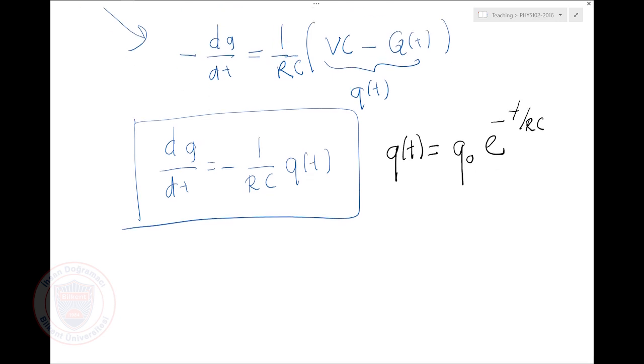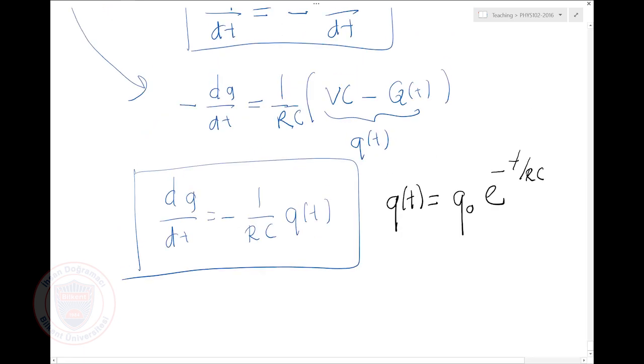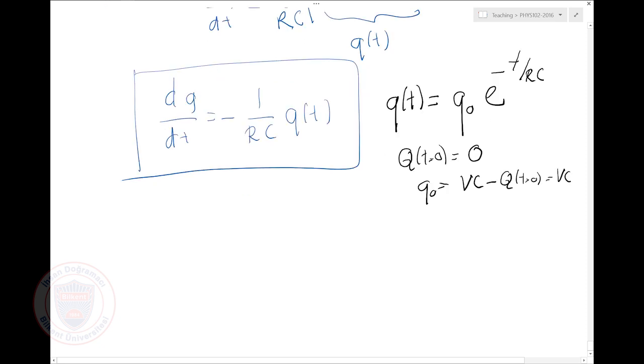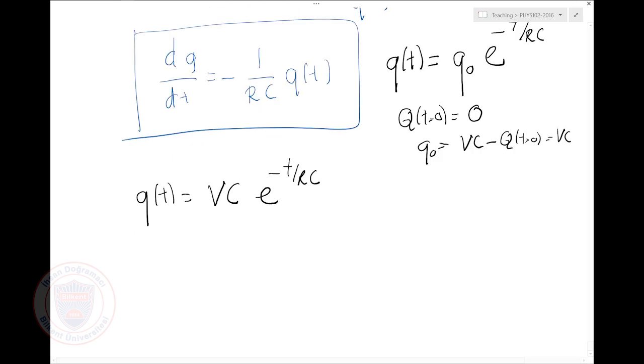What's q0 though? At initial time, the charge on the capacitor at t equals 0 was 0. So q0, which is VC minus Q at t equals 0, is just going to be VC. So I found the solution. Q of t is VC e to the minus t over RC. Now I can go back.